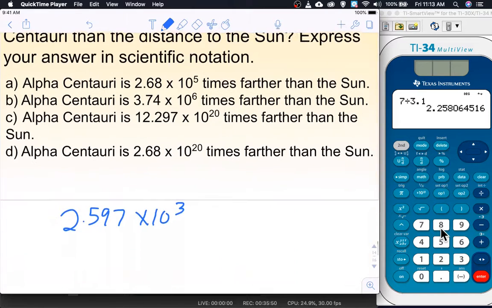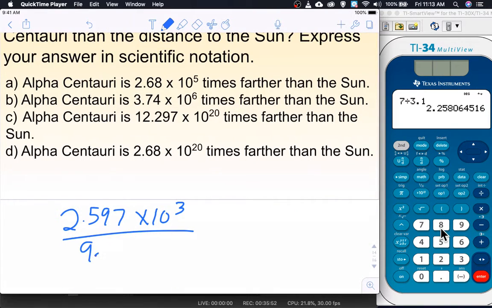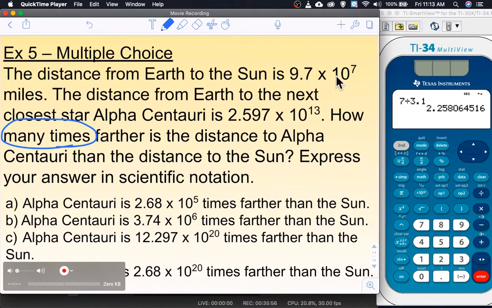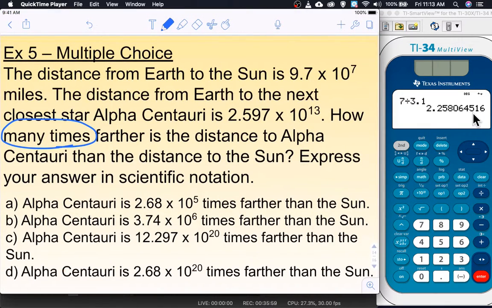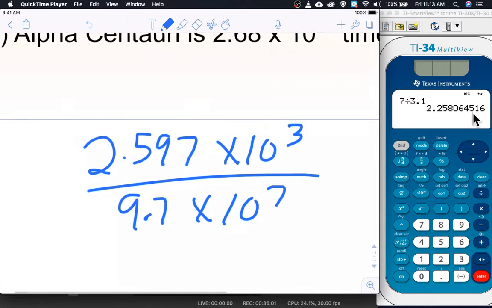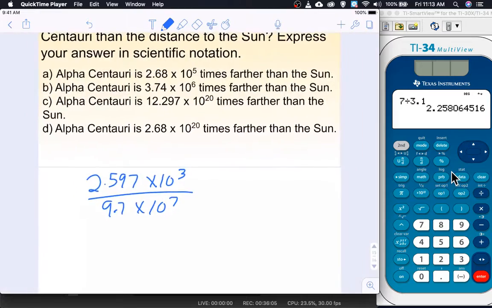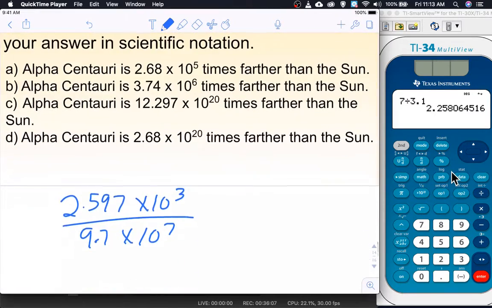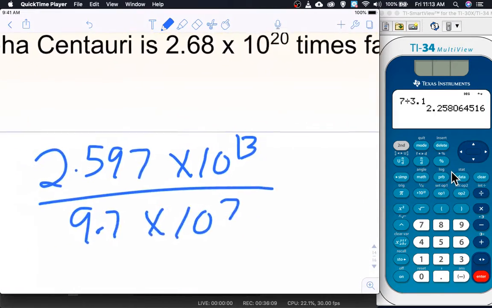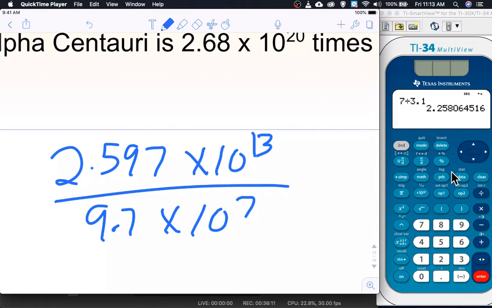Divide by 9.7 times by 10 to the 7th. I made sure I put the bigger number on the top. Look at it. The bigger one is on the top. Wait a second. Did I miss an exponent? 13. The 1 didn't follow. There we go. Now the bigger one's on the top.